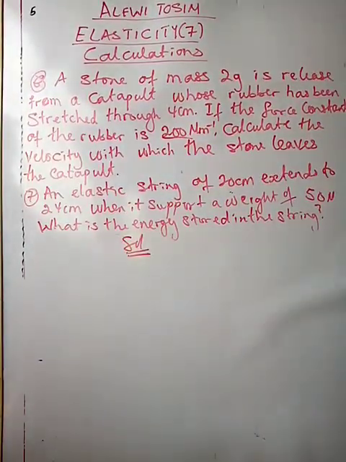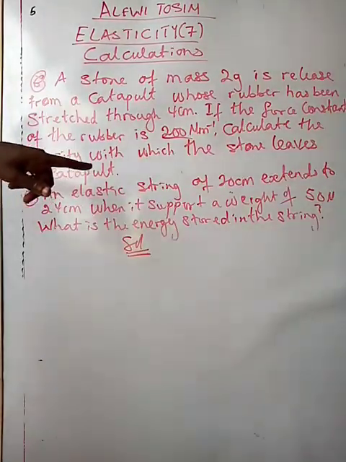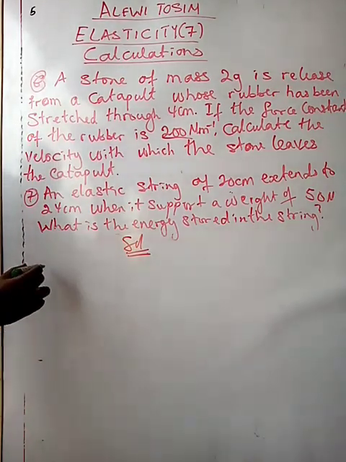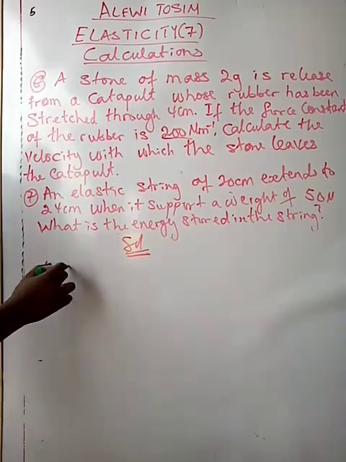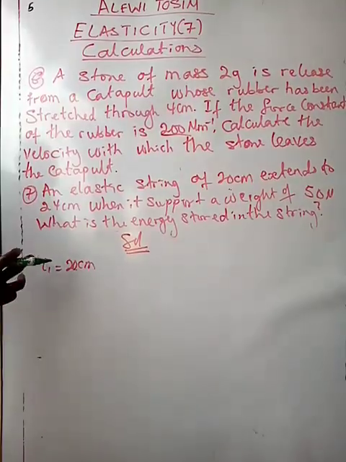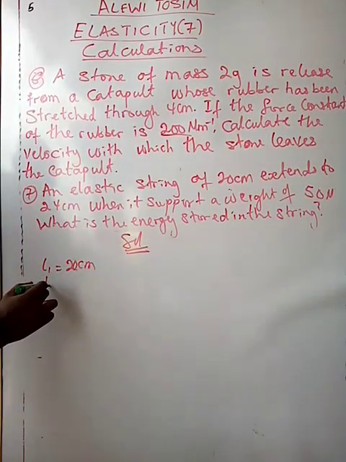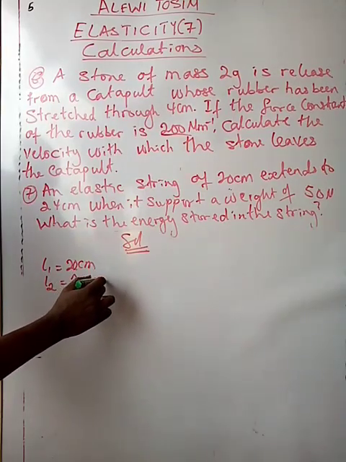Now let's take the next question. It said an elastic string of 20 centimeter extends to 24 centimeter. In this case we are given the original length, let me call it L1, as 20 centimeter. When it extends to 24 centimeter, that means L2, the new length, is 24 centimeter.